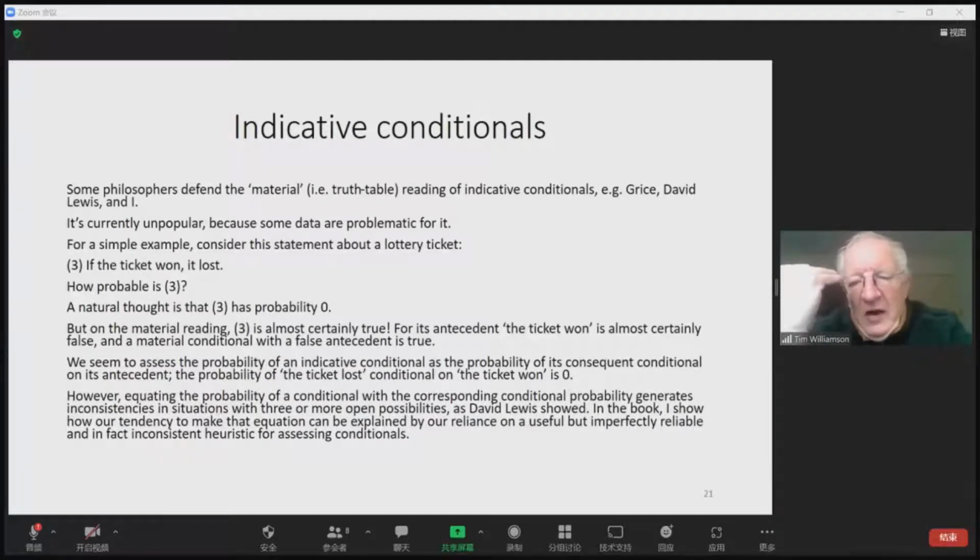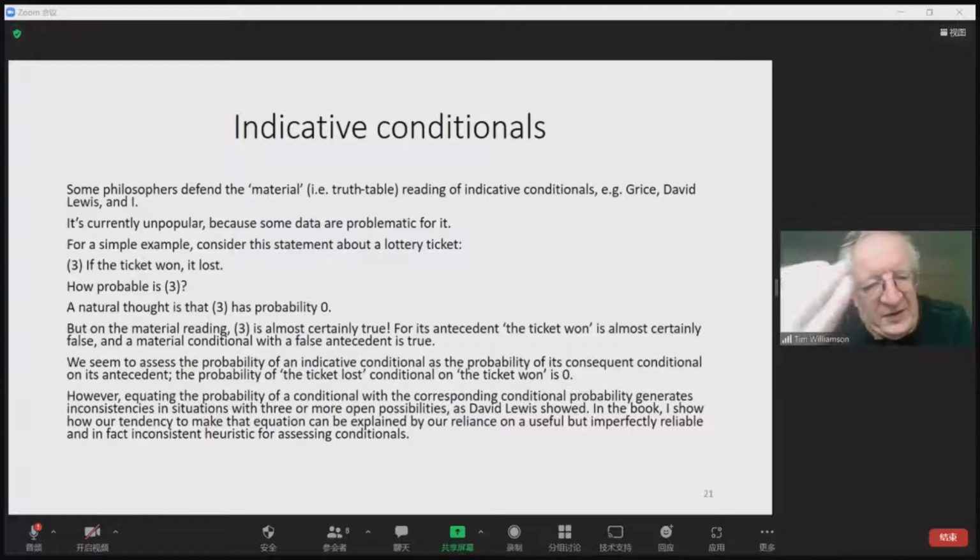And what I argue in my book is that our tendency to make that equation, roughly speaking, of the probability of a conditional with the corresponding conditional probability can be explained by our reliance on a useful but imperfectly reliable, and in fact, in these types of situation, inconsistent heuristic for assessing conditionals. I'm not going to go into the details of the inconsistency proof. It's not very difficult, in fact, to prove these things, but I don't think now is the best time for going into the technical details.